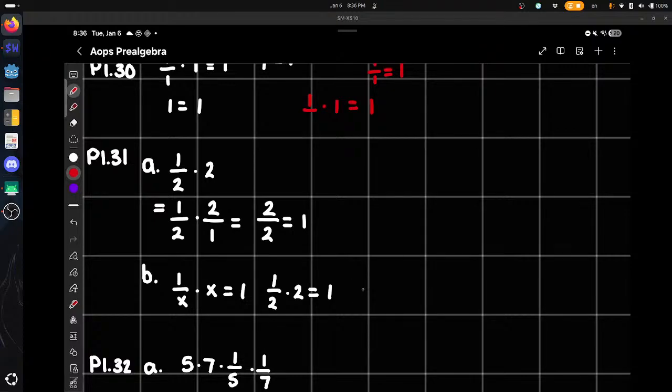Okay, so they're using the same strategy as the previous problem, problem 30. They're saying that x is actually 1/2 this time, right? And we need to figure out what can give us 1.